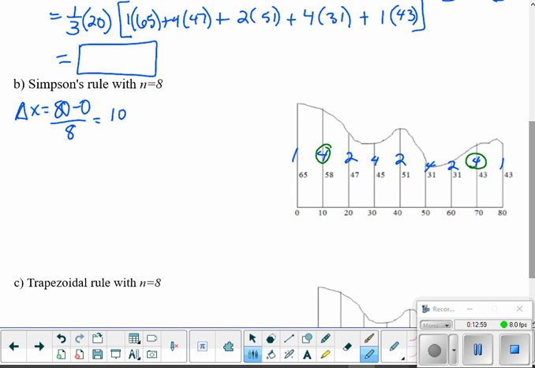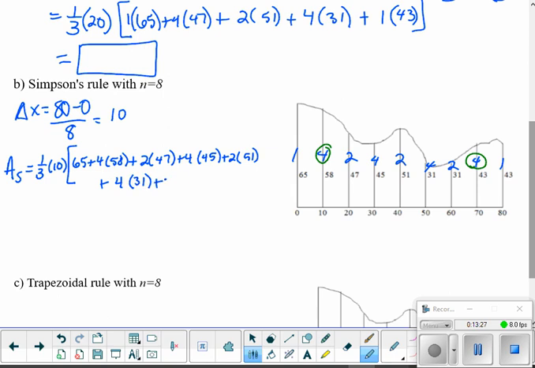All right, so my area for Simpson's, 1/3 delta x. 1 times the first height, 4 times the second height, 2 times the third height, 4 times the fourth height, 2 times the fifth height, I think, and then 4 times a 31, a 2 times a 31, a 4 times a 43, oopsie, and finally 1 times the last 43.